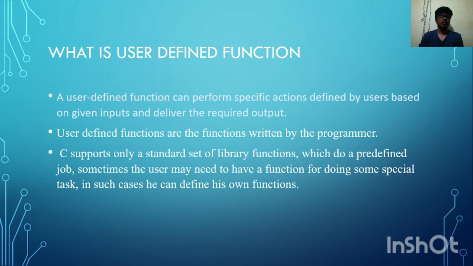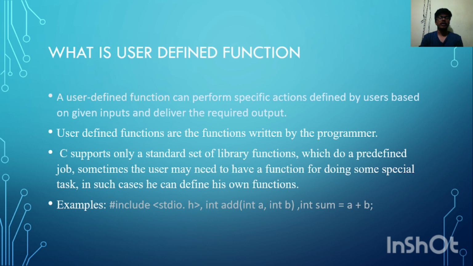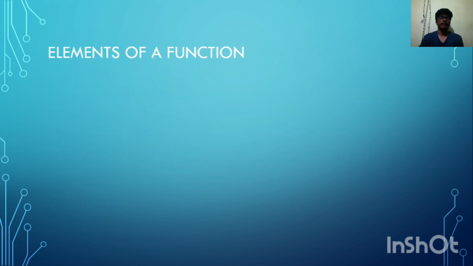C supports only a standard set of library functions which do a predefined job. Sometimes the user may need to have a function for doing some special task. In such cases, he can define his own functions. Examples include stdio.h, which is used for input and output. int add, int sum equals a plus b.